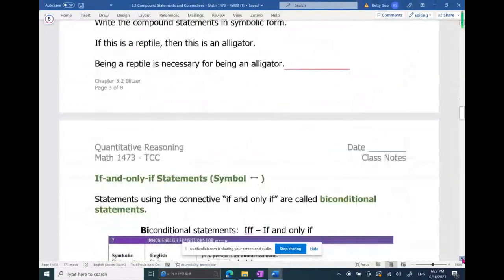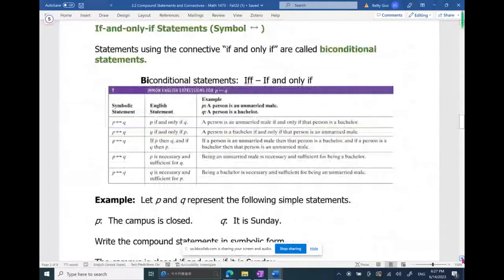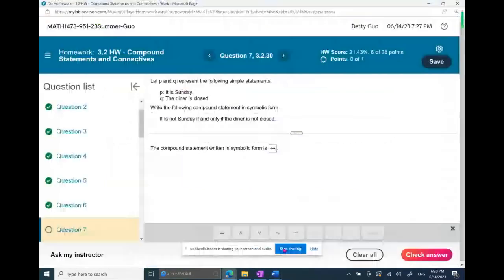The symbolic notation for if and only if is the double arrow. You can call that P if and only if Q. When we have a double arrow, if and only if, between two components, that means the two component statements are equivalent.